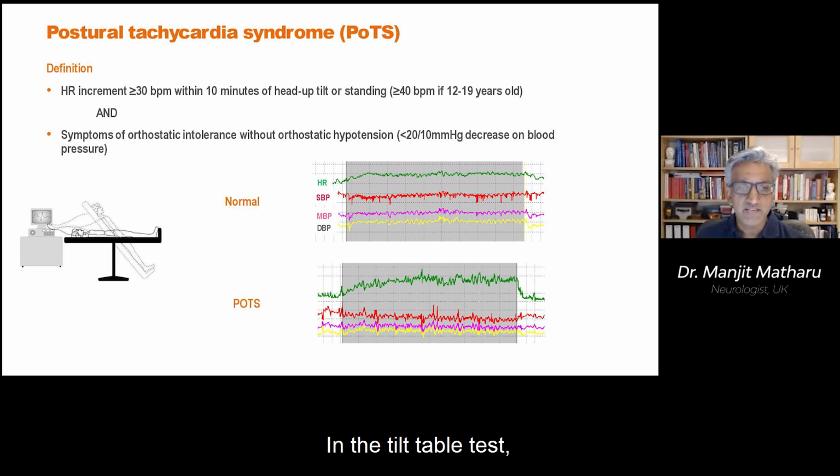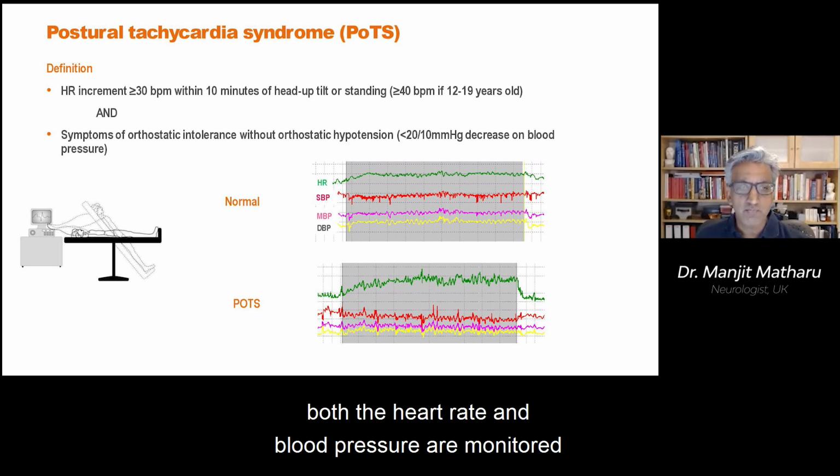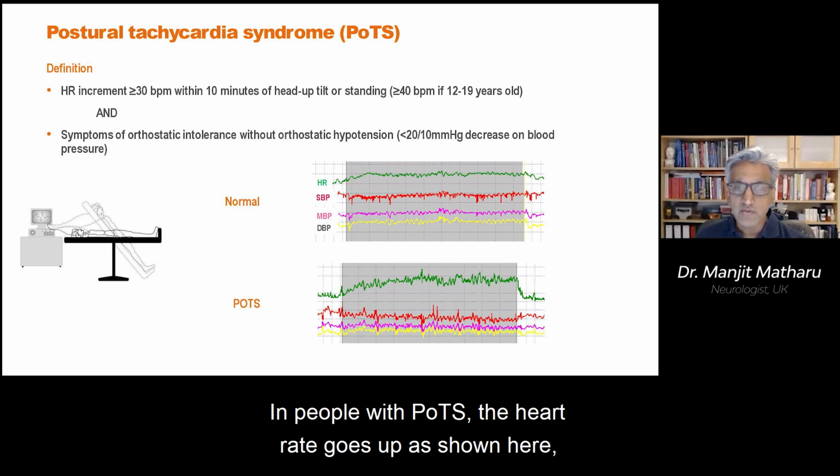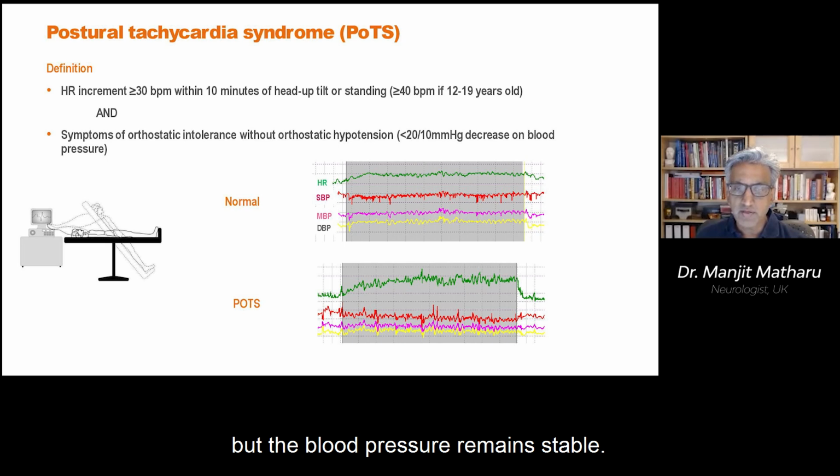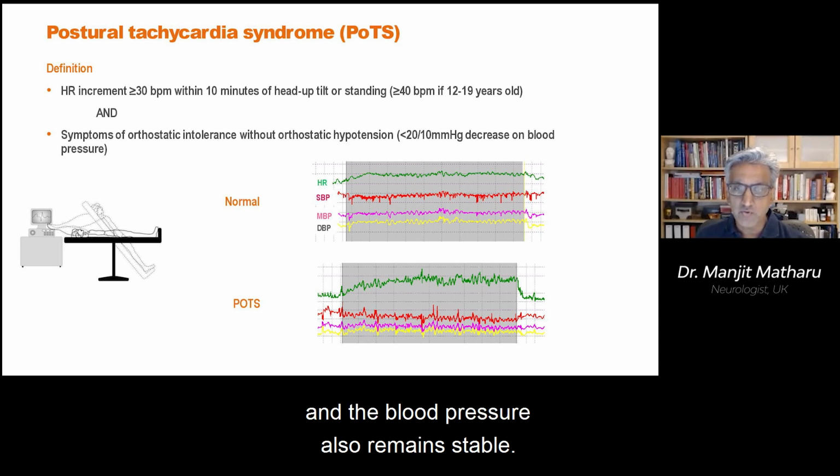In the tilt table test, both the heart rate and blood pressure are monitored when the patient is put in the upright position. In people with POTS, the heart rate goes up, as shown here, but the blood pressure remains stable. In the normal situation, the heart rate either remains stable or only goes up slightly, and the blood pressure also remains stable.